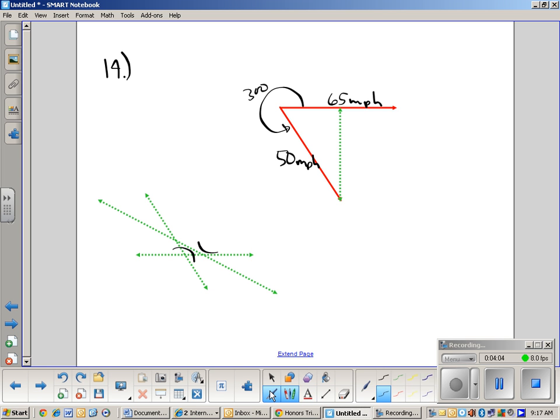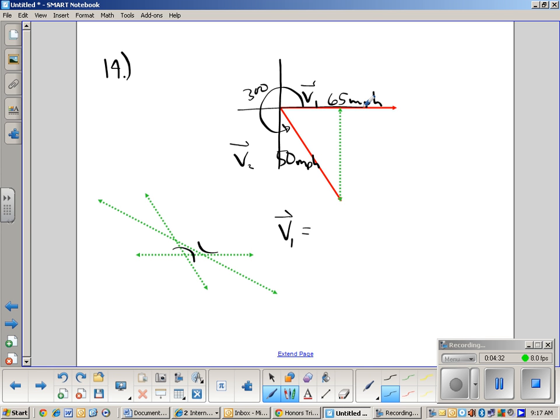So we'll write them as unit vectors. Let's call this one vector 1. We'll call this one vector 2. Okay? And so vector 1, if we think of this as the xy axis, what is the x component?